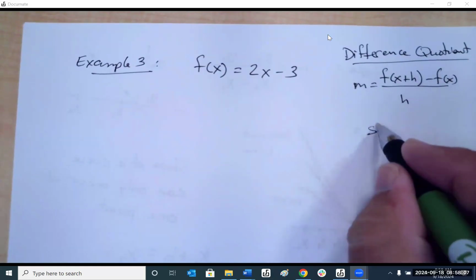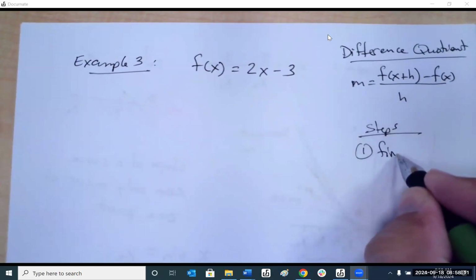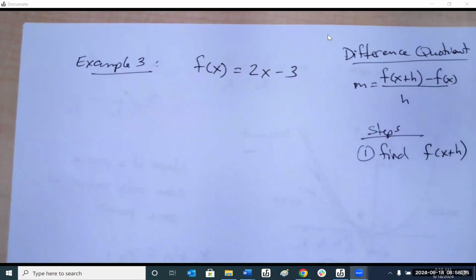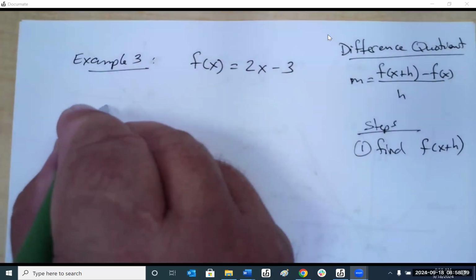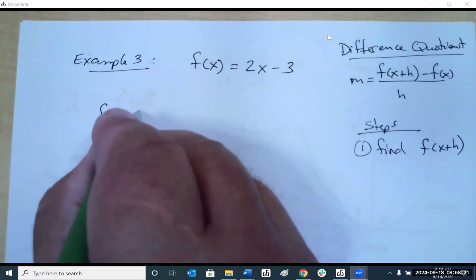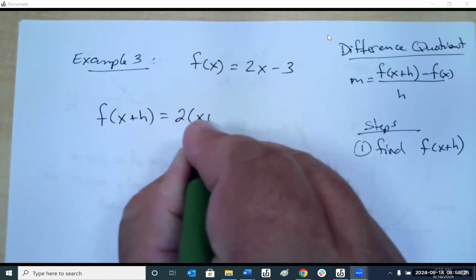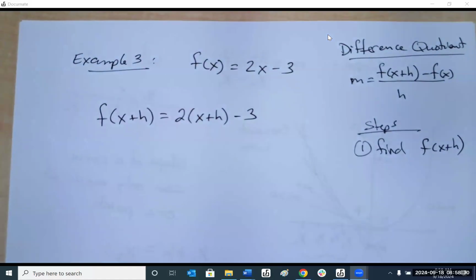So first step: find f of x plus h. And that's super easy. Anywhere you see an x in your equation, just change it to x plus h and put it in parentheses.